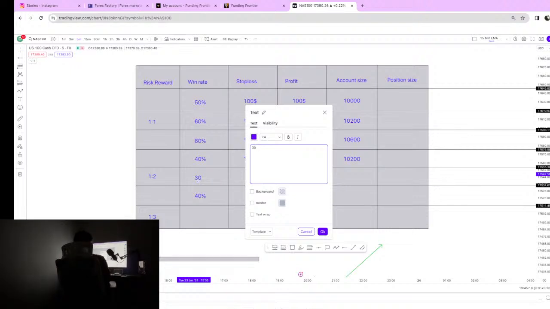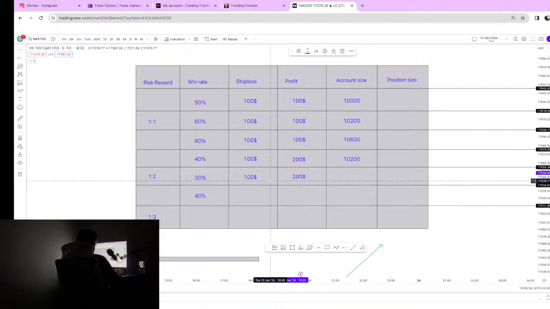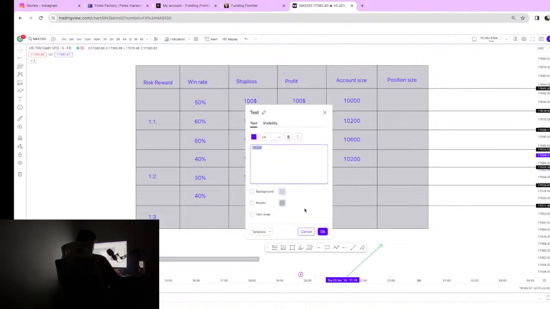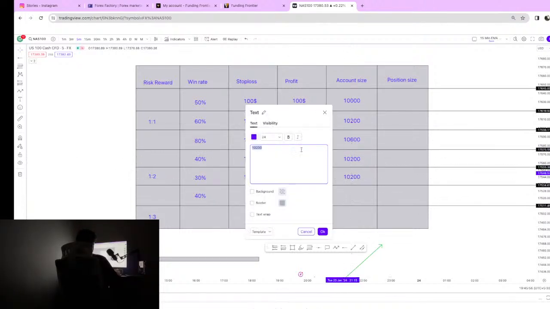So now I am talking for 30%. Calculate fast. Tell fast for 30% win rate. Absolutely. It will be minus 100. That is 9,900.